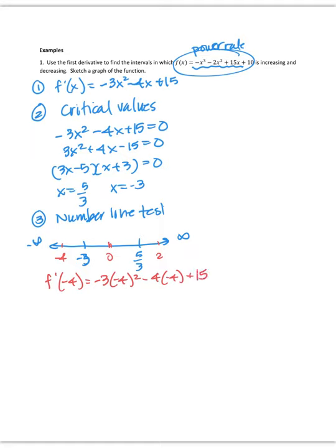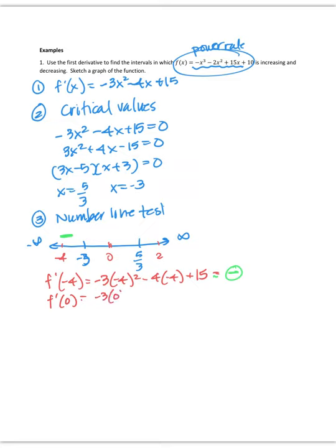If we work that out, we would end up getting a negative value. So that is negative on the left of negative 3, so it's decreasing.